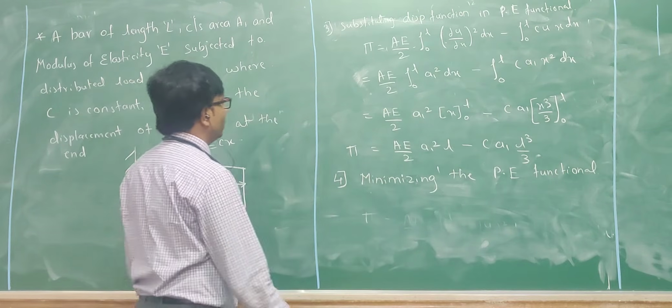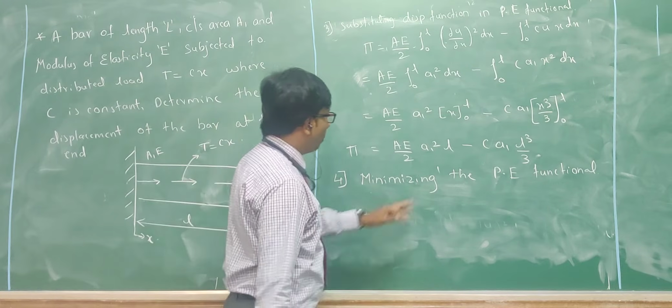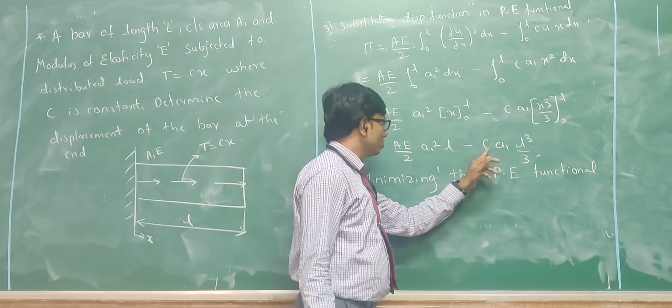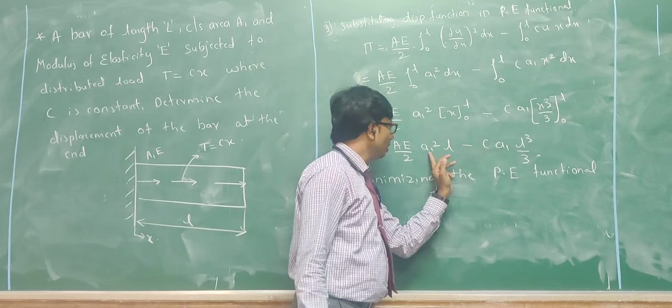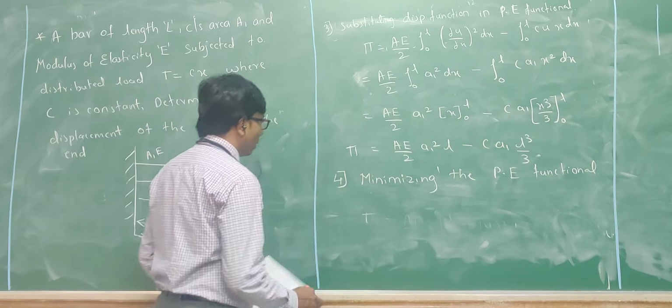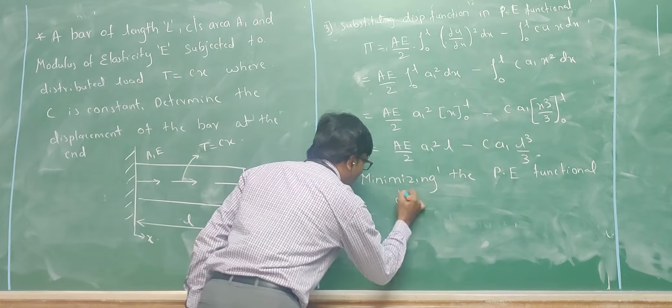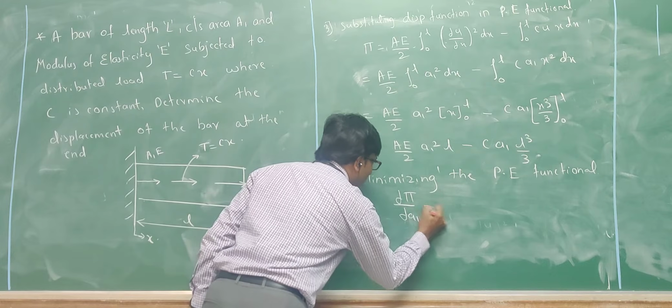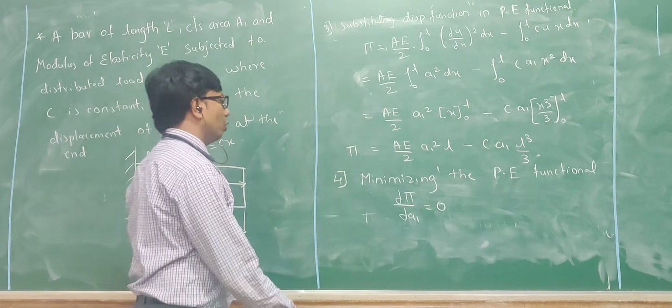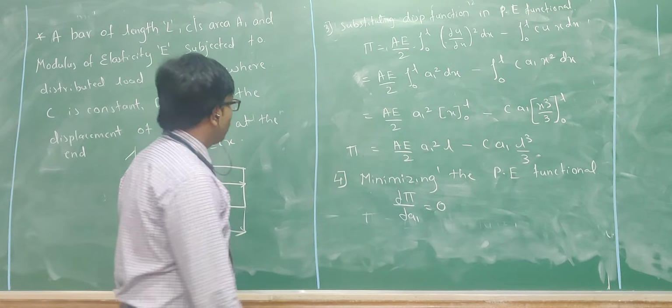So how to do that? You have to see how many unknown parameters there are. This is already a constant term, this is the only term which we need to find out. So what I will do is dou pi by dou a1 should be equal to 0.